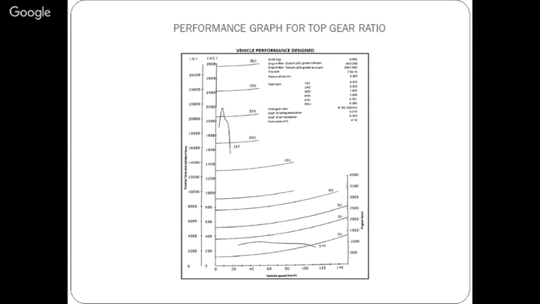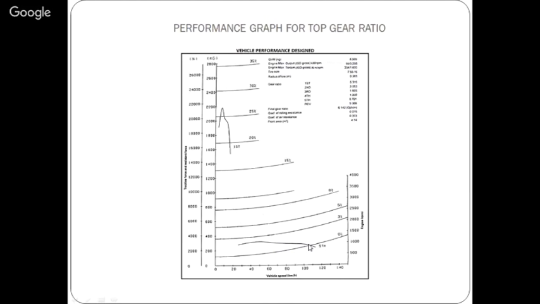For that, we need to decide what velocity we need. Generally, in the Indian trend, the maximum velocity is 110 to 120. Clear? By considering this velocity, we design the top gear ratio. Now this is the power requirement of the vehicle.